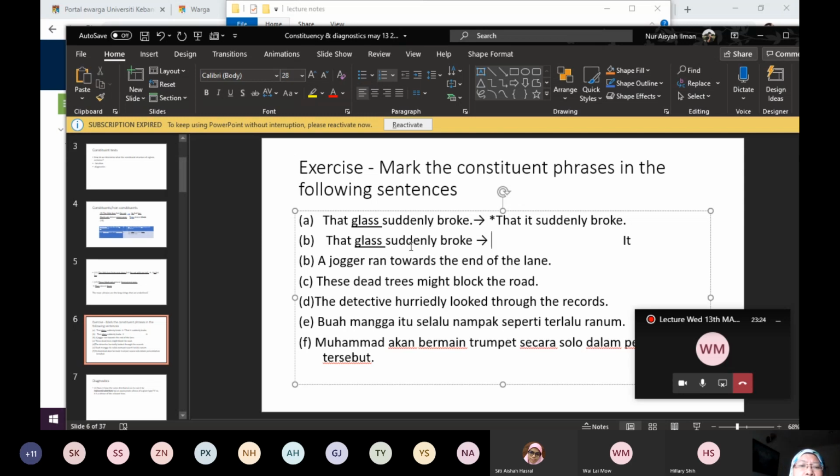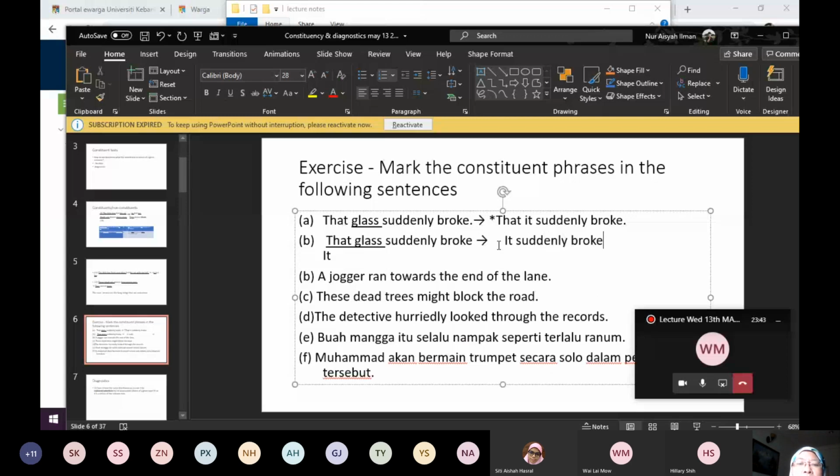If we take that glass as a group, as a constituent, we take that glass and then we say it suddenly broke. So then our sentence is okay.